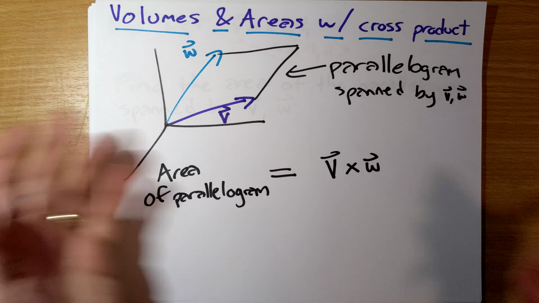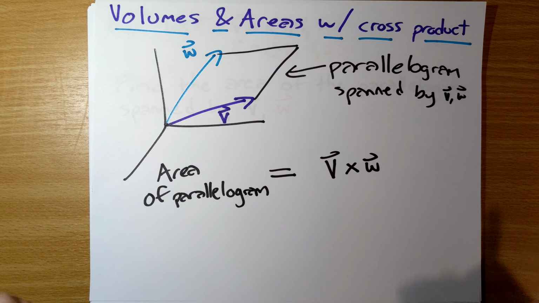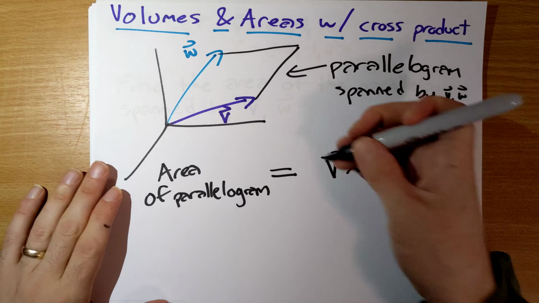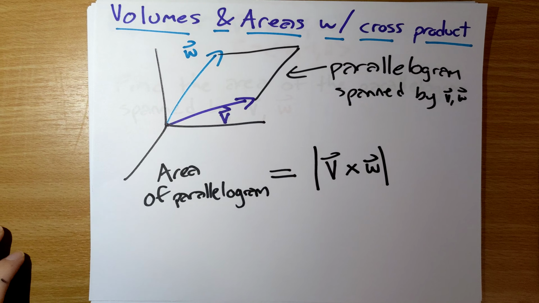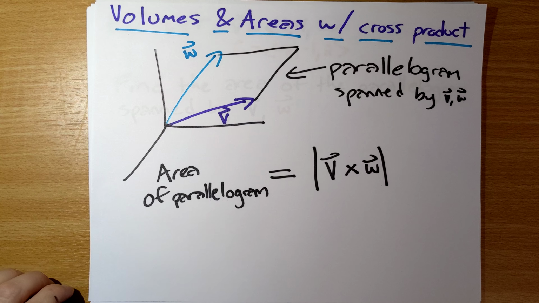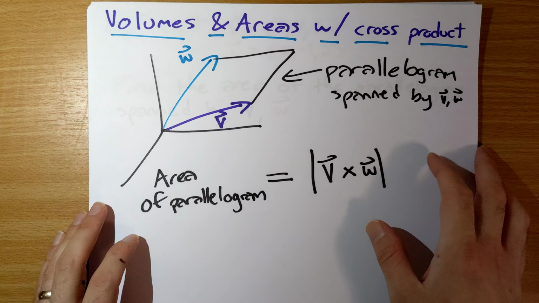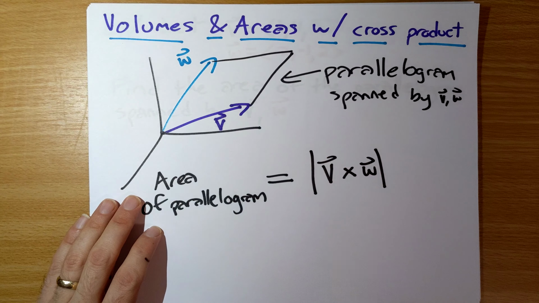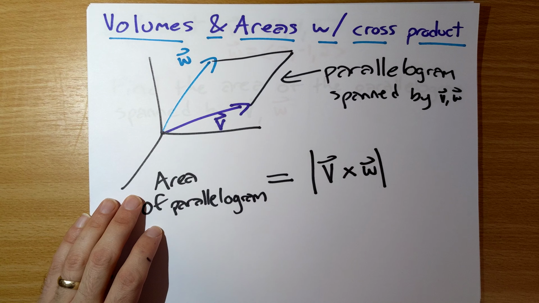If you take the cross product, you get a vector answer. Area is a scalar. So how do we turn a vector into a scalar? It turns out all we have to do is take the length of the corresponding vector. So how do you find the area of this parallelogram? Just take the cross product of those two vectors, take the length.